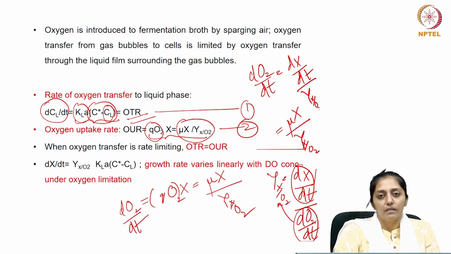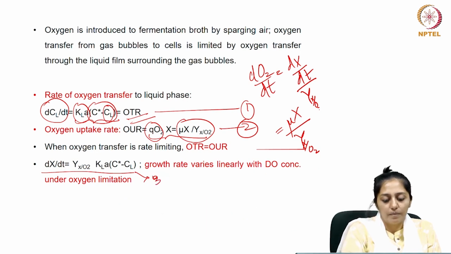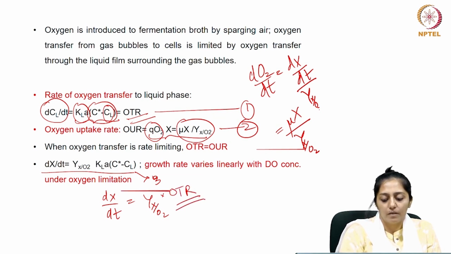So in that case, your oxygen transfer becomes the rate limiting factor, and your growth rate can then be made a function of the oxygen transfer, taking the form of equation 3 here, where your dX by dt can be given as the yield coefficient multiplied by the oxygen transport rate, which is KLa multiplied by C star minus CL, as given in equation 1.